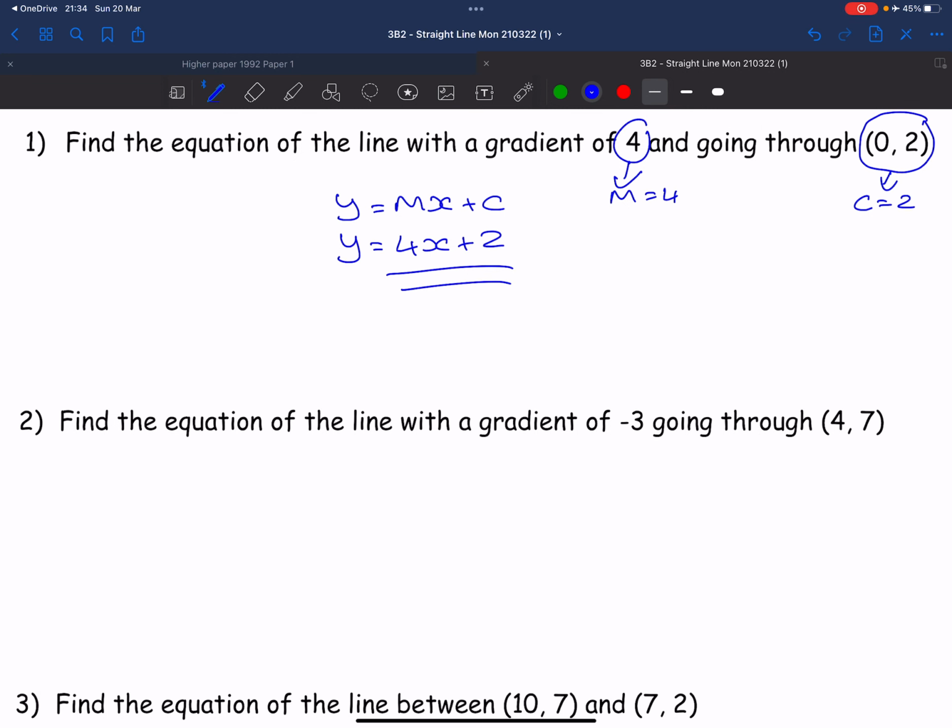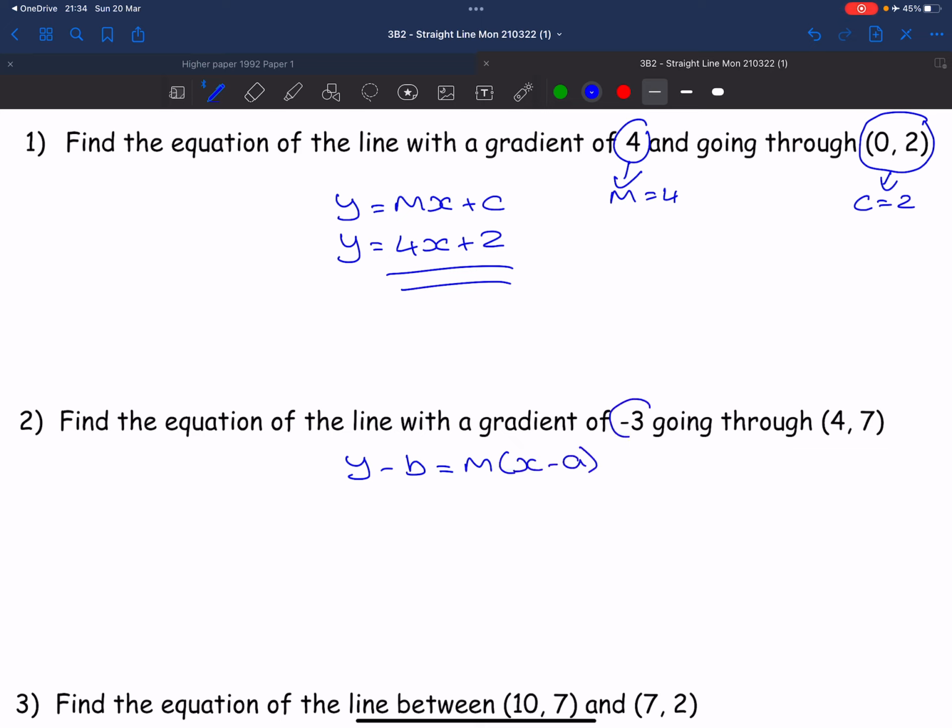But the difference is this point here is not on the y-axis. It's not a y-intercept. So in order to find the equation of this line, what I need to do is use the formula to build the equation, which is y minus b is equal to m bracket x minus a.